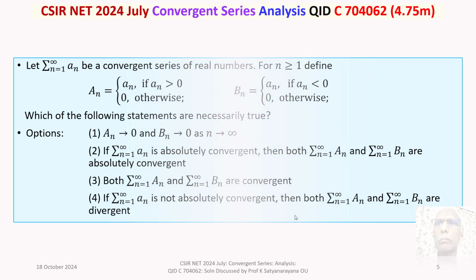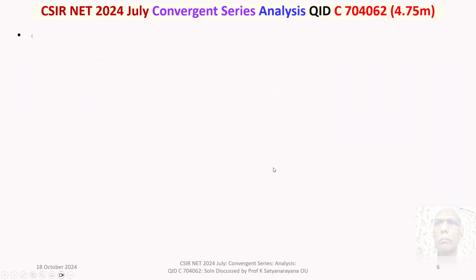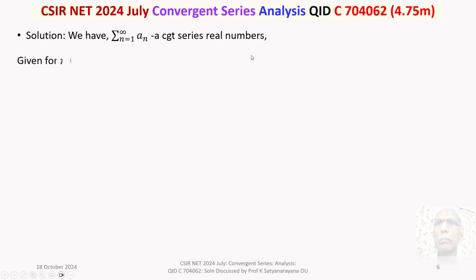Let's now discuss the solution of the problem in detail. We have sigma a n, a convergent series of real numbers. For each n belongs to the set of natural numbers, it is defined capital A n is equal to a n if a n is positive, is equal to 0 otherwise.